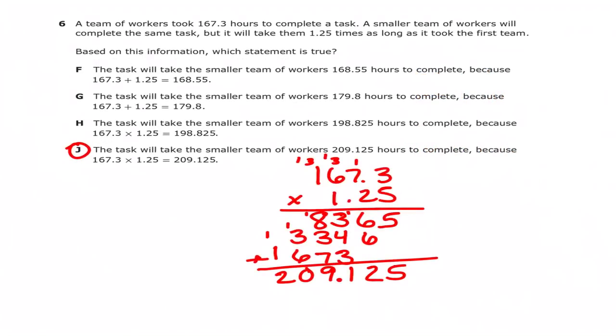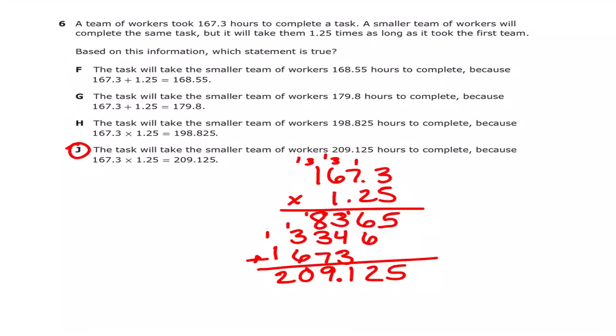Number 6, a team of workers took 167.3 hours to complete a task. A smaller team of workers will complete the same task, but it will take them 1.25 times as long as it took the first team. Based on this information, which statement is true?